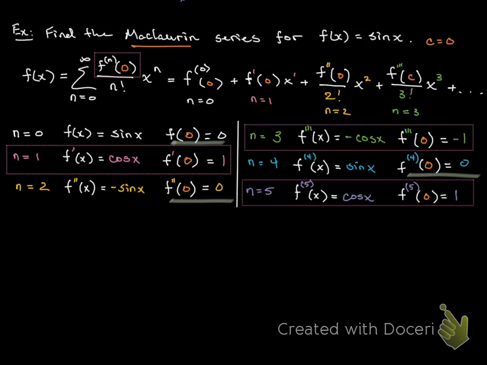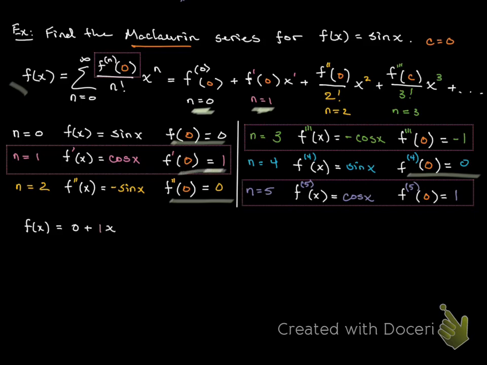So I'm going to rewrite this summation line, but I'm actually going to plug in what these coefficients are. So here I have f of 0 is 0. That's when n is 0. That's right there. So my function I write as f of 0 is 0 plus f prime of 0 is 1.